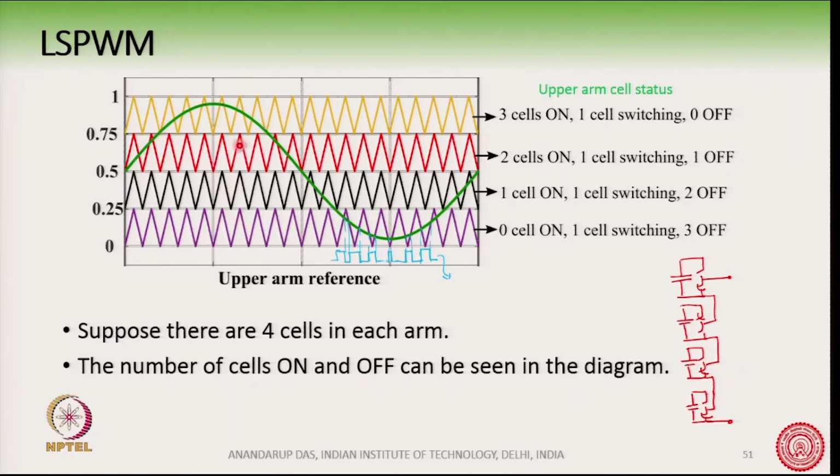So, 3 cells are fully turned on, one cell will be doing the switching action and no cells will be off, because all 4 cells will be needed in order to fabricate this part of the waveform.